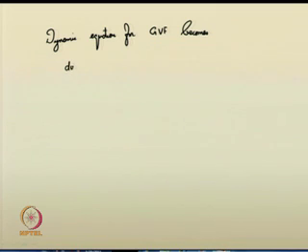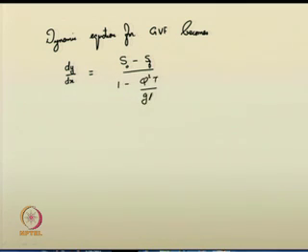dy by dx is equal to S 0 minus S f by 1 minus q square T by g A cube.